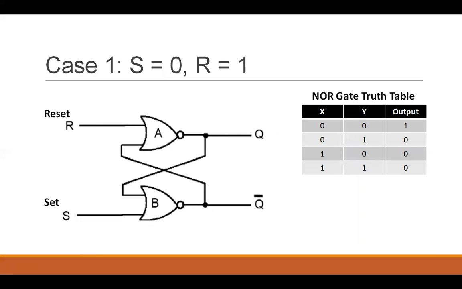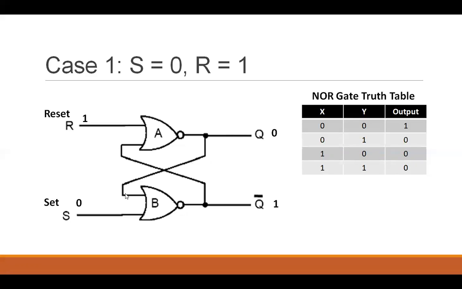So let's start to analyze this circuit. In the first case, let's assume that S is 0 and R is 1. Now, when I'm going to analyze the circuit in this case, I cannot start by analyzing the zero side. But by the one side, I am very certain that if I have 1 as an input, no matter what happens, the output is going to become 0. So on the Q, I have the 0.